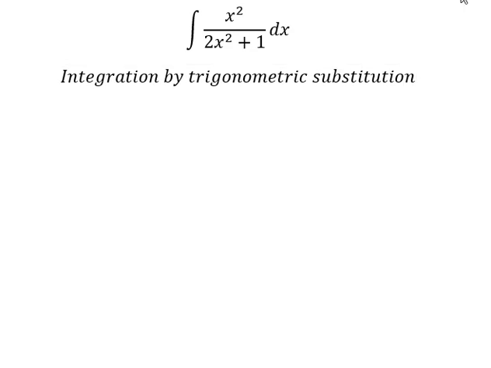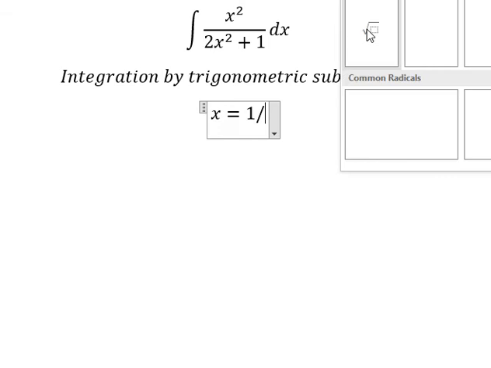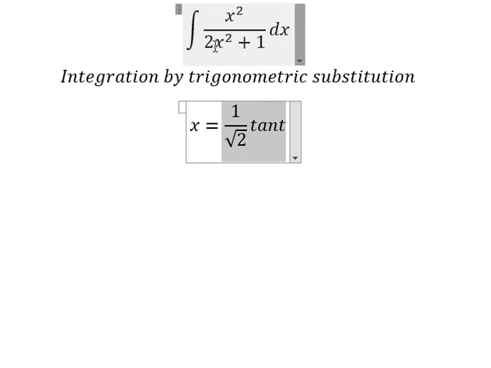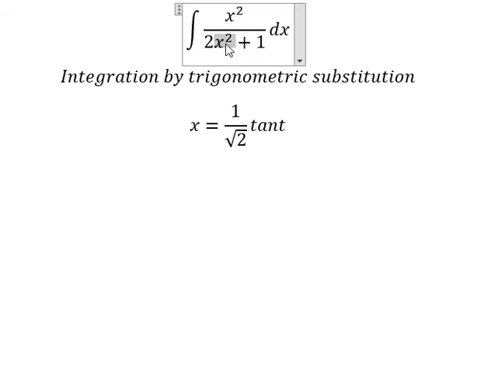So I need to put s equals 1 over the square root of 2 tan t, because if I put this in here, you get 1 over 2 tan t squared, plus 2 and 2.